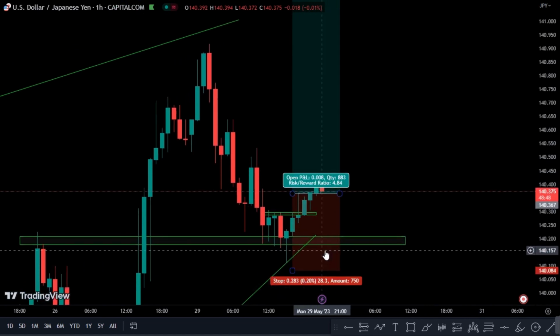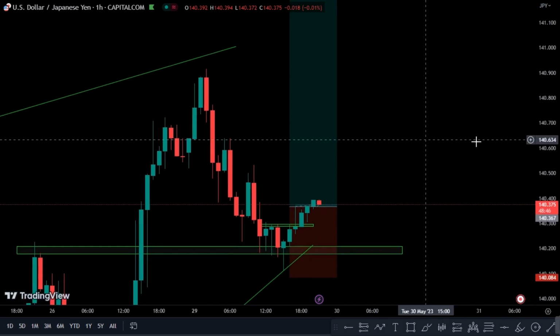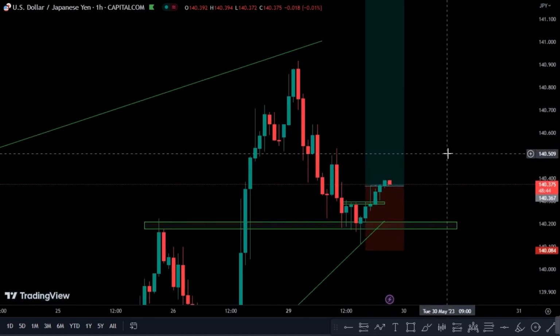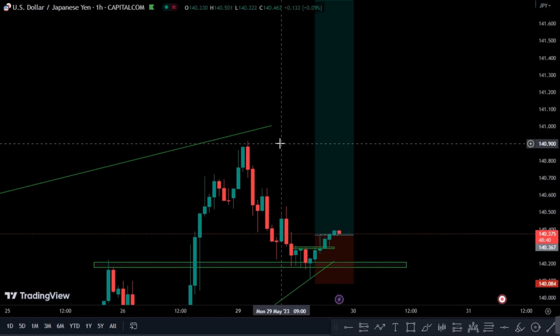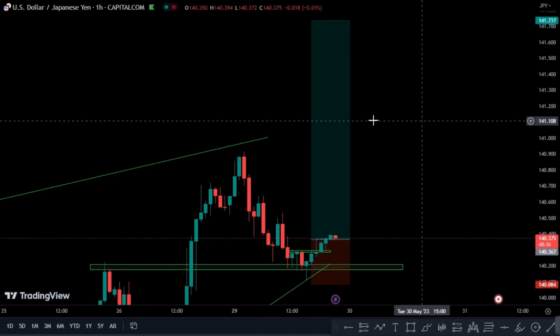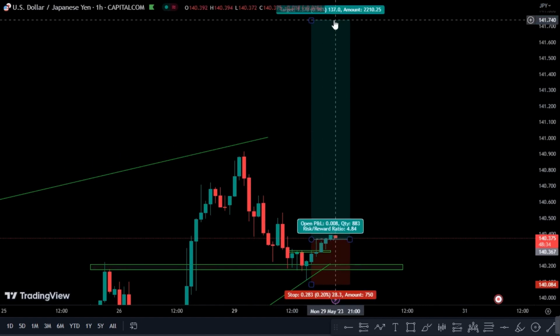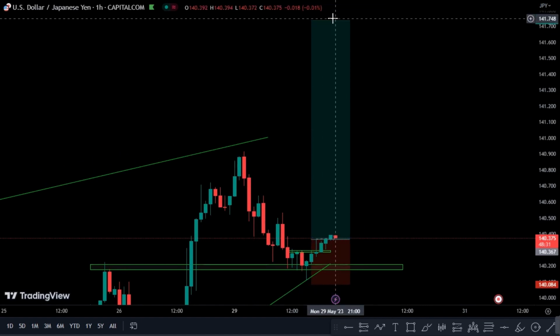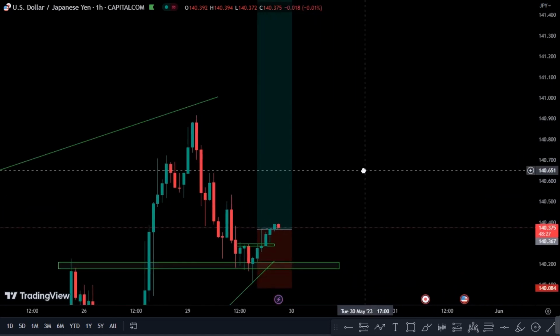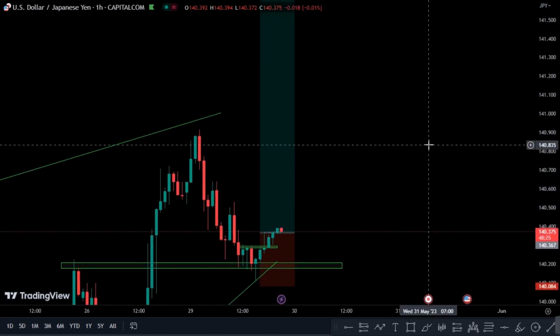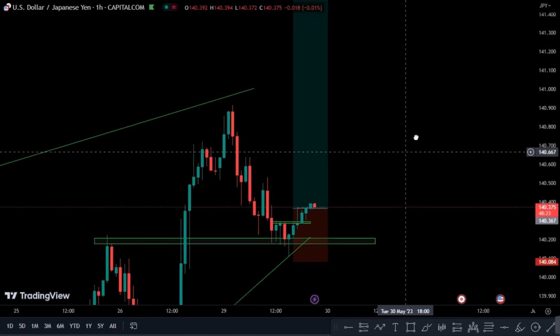Though we have a bigger stop loss right now, this trade is still very valid based on this strategy. So we are going to be holding it, and our first take profit will be here, and then we'll be leaving maybe one runner to target the overall take profit right there. I will definitely be providing follow-up updates at the end of the week on how it went.